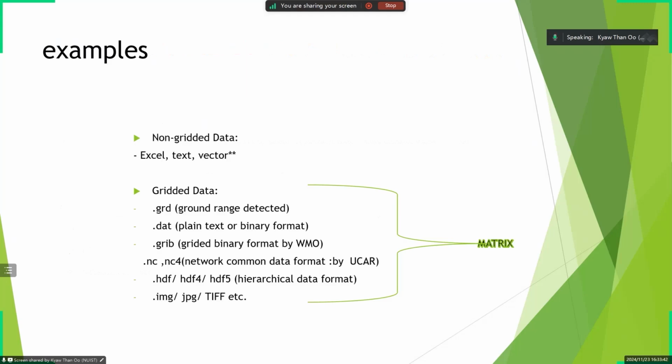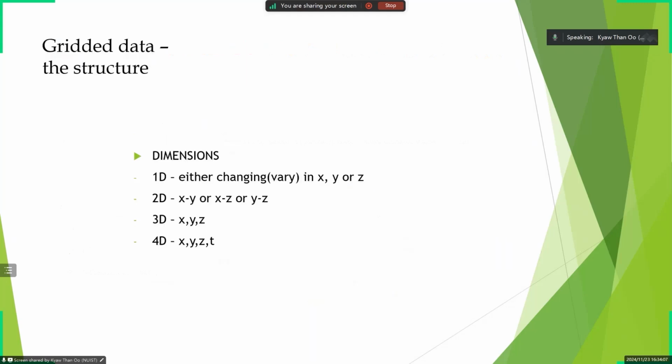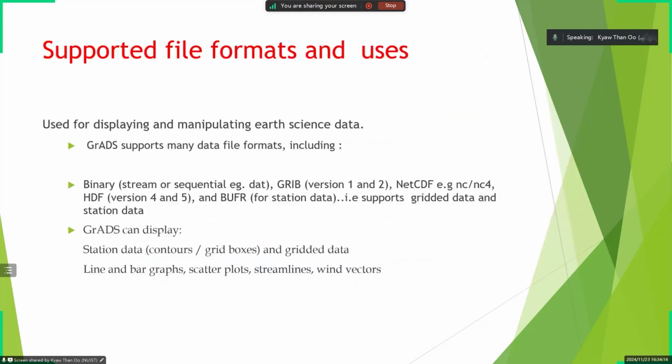We suppose that the station data is non-gridded data. What is gridded data? Gridded data is .grd, .dat, .grid. This is an NC NetCDF file and the HDF satellite image file, and TIFF. Some satellite outputs only support the TIFF file. So you can also manipulate the TIFF file. These are the files. And these dimensions I already explained in the previous lecture, so I will run through it.